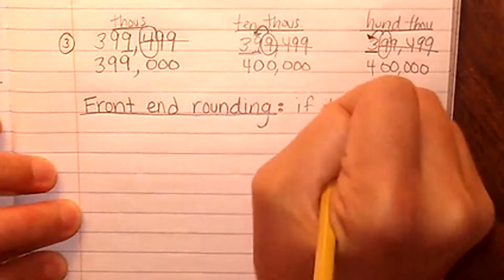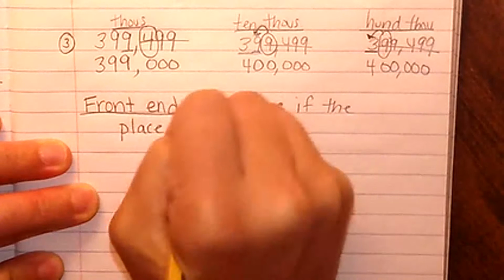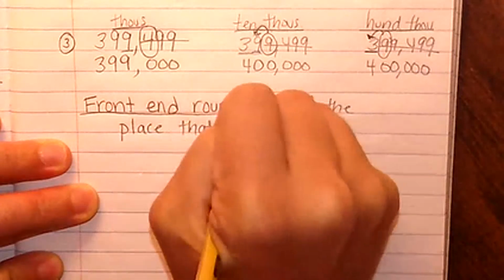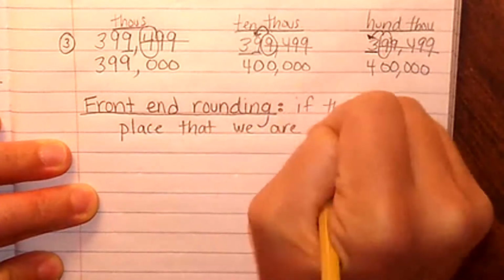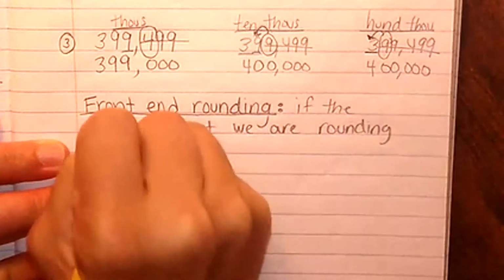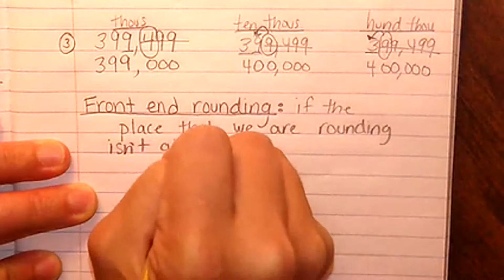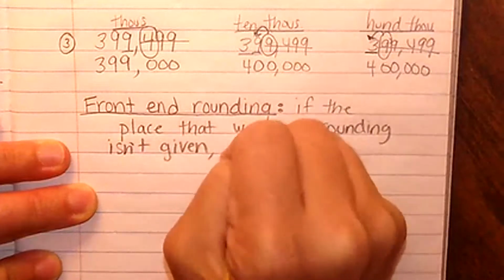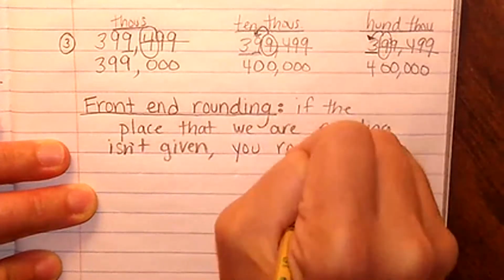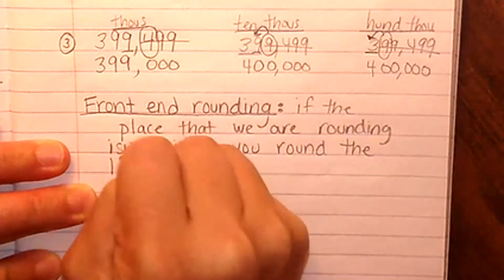So if the place that we are rounding isn't given, that means they don't tell us where we're rounding, you round the first number you see.